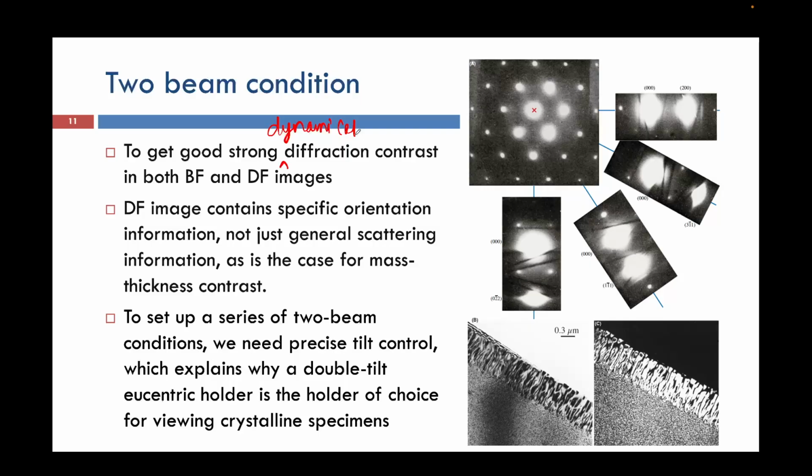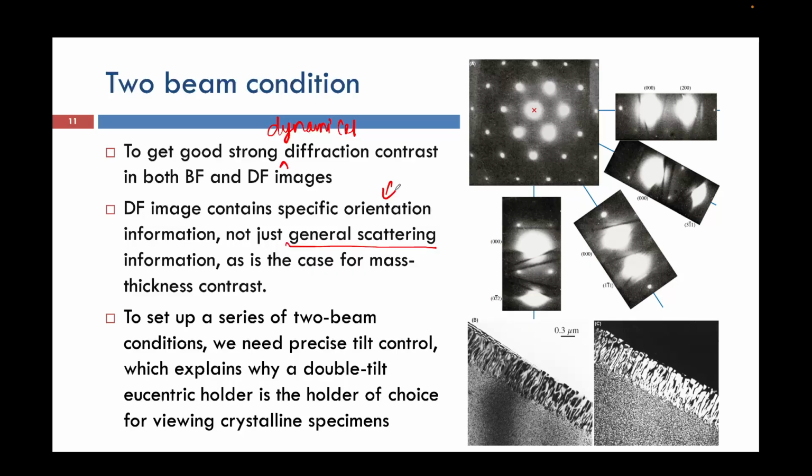Whichever beams we are not able to collect in the diffraction contrast have been diffracted at a Bragg angle. So in mass thickness contrast, the contrast comes from general scattering information, right? But if we create a dark field image in two beam condition, it always contains some specific orientation information.